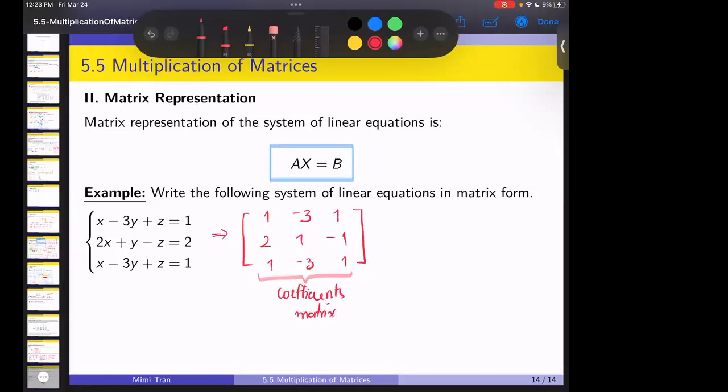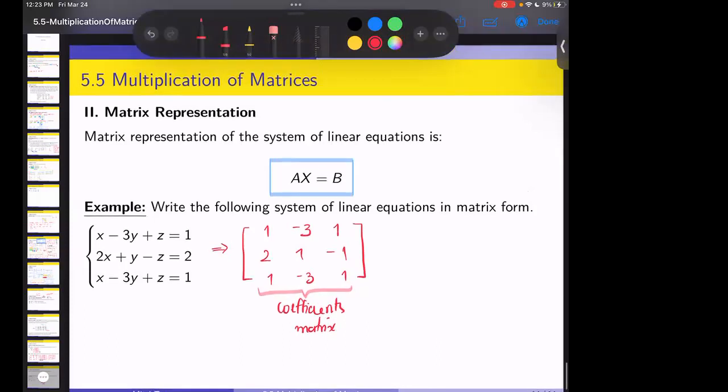It comes from the coefficients of x, y, z, times X, A times X. Notice that it's a big X. That's your variables, x, y, z.